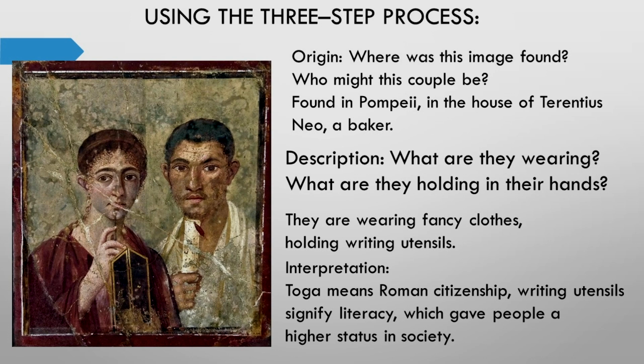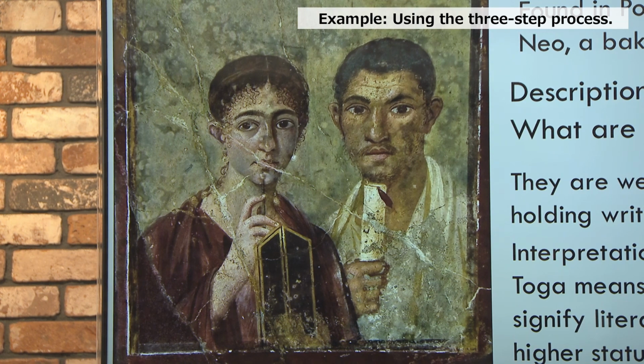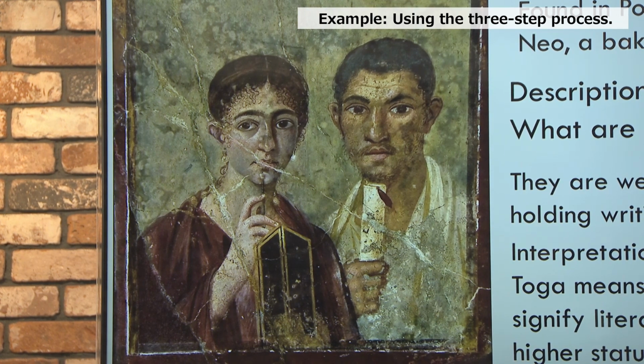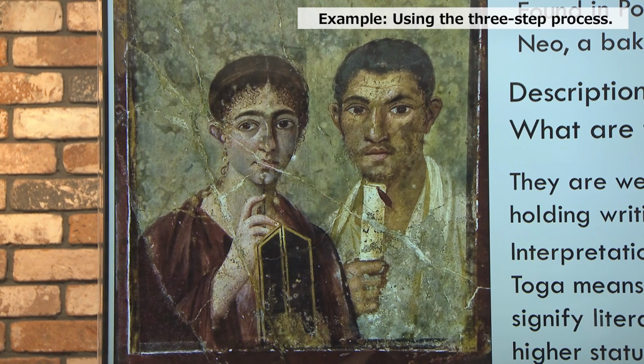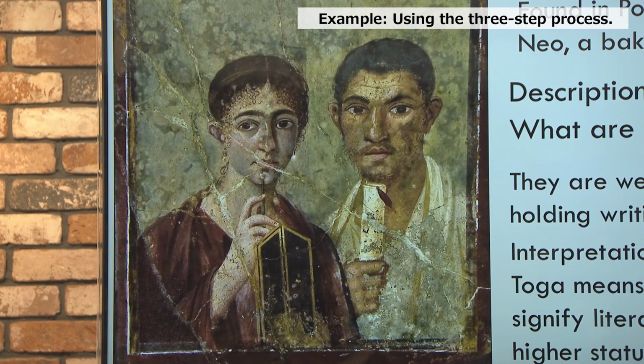It meant you were a citizen of the Roman Empire to wear the white toga. The writing utensils then demonstrate that you knew how to read and write. And because it was really expensive at the time to get an education, we know that Terentius Neo and his family were at least upper middle class. They had some wealth and they had some status in the Roman Empire.